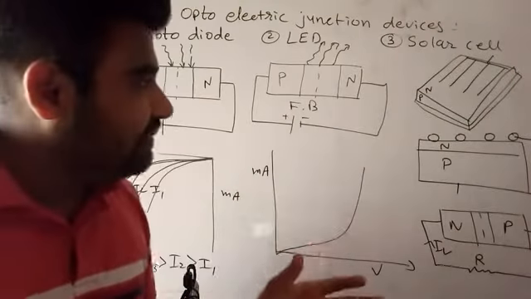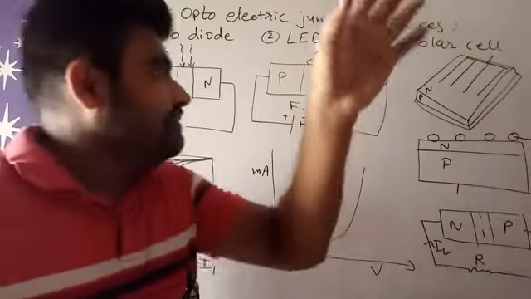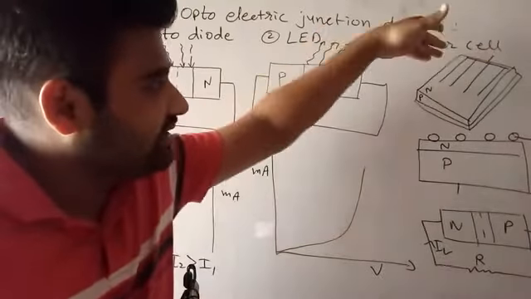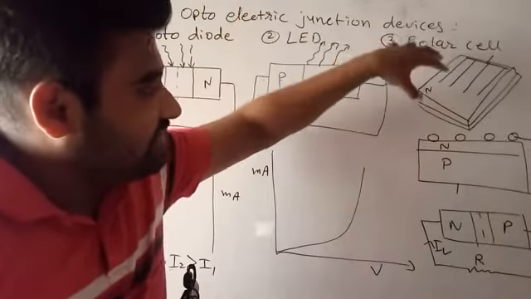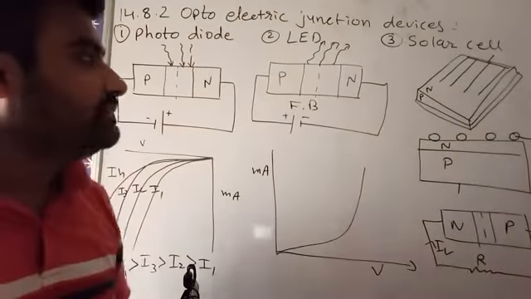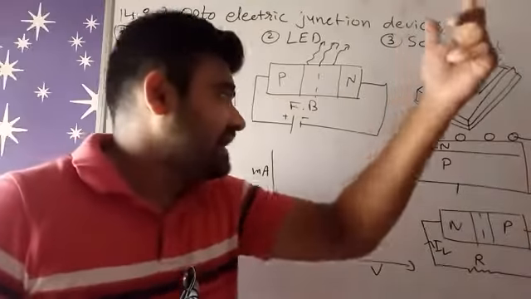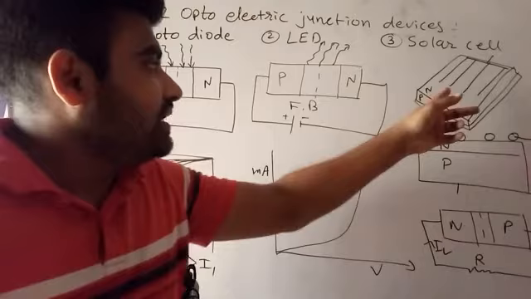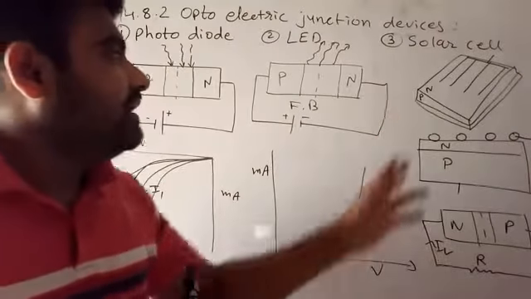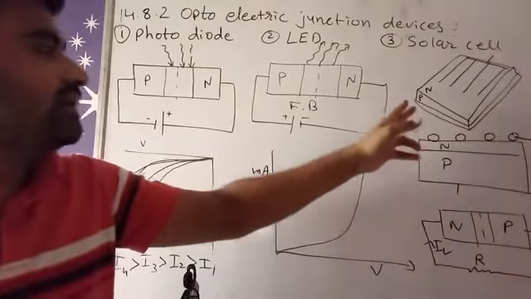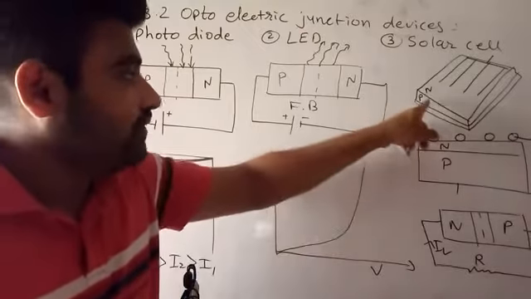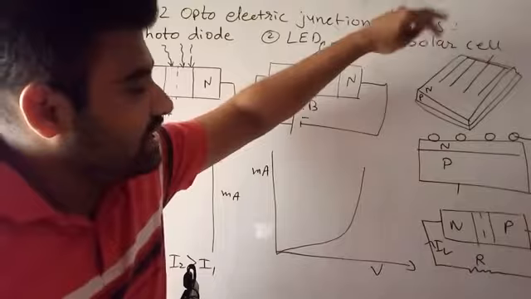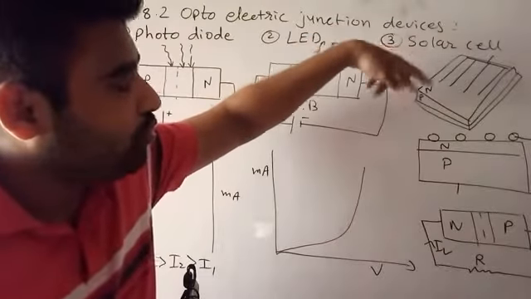Now what exactly happens? We have to shine some light on this metal strip. So via this metal strip, light falls on the N type semiconductor. When light falls on the N type semiconductor, electrons and holes are generated, N electrons and P holes.